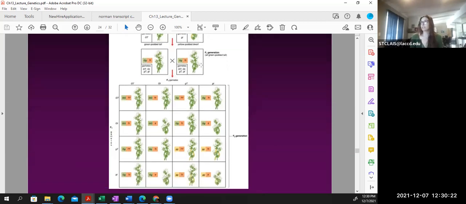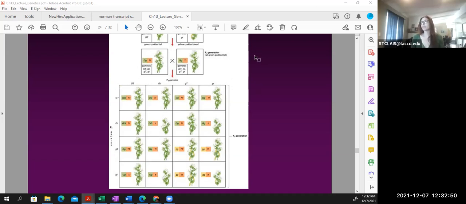Okay, so remember the F1s are going to be identical. And then you can see where it gets a little bit more interesting in terms of the combinations here. When the F1 are intercrossed, we're going to see all of these different combinations again.